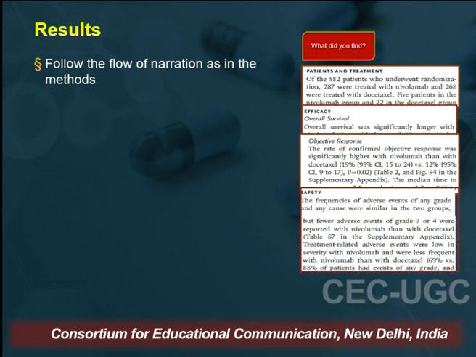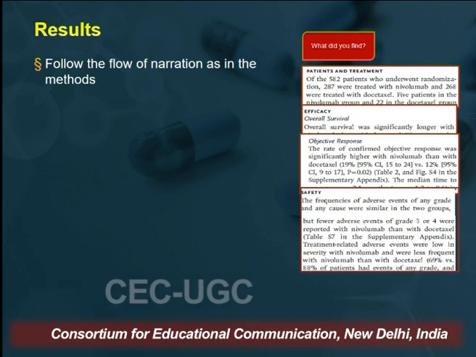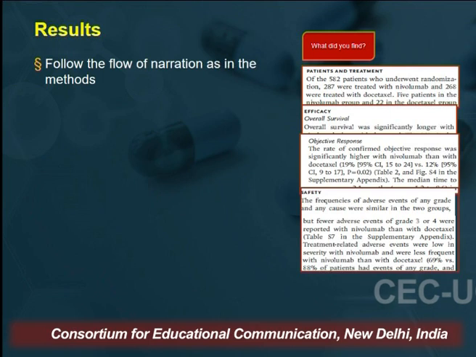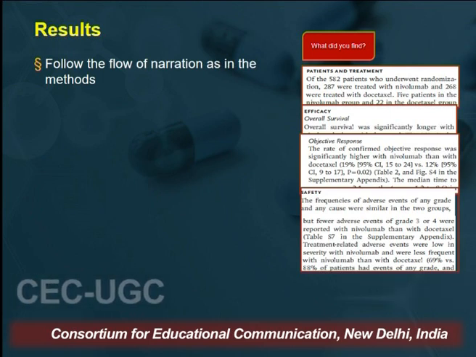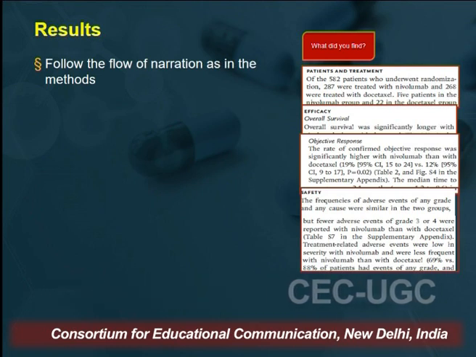Then comes the results section, where you follow the flow of narration as in the method section. What does this mean? It means that if you have described in your method section that your primary outcome is efficacy, then don't start the results section with the safety section.